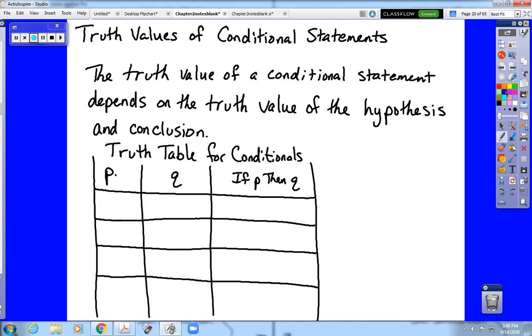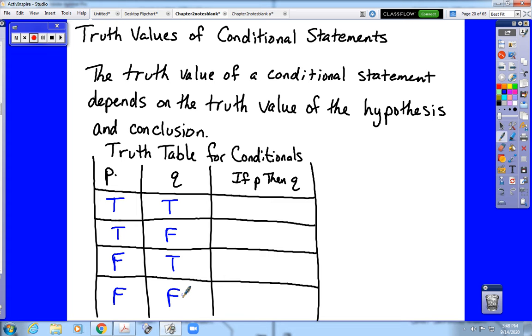Either both the hypothesis and the conclusion are true, the hypothesis is true and the conclusion is false, the hypothesis is false and the conclusion is true, or both the hypothesis and conclusion are false.